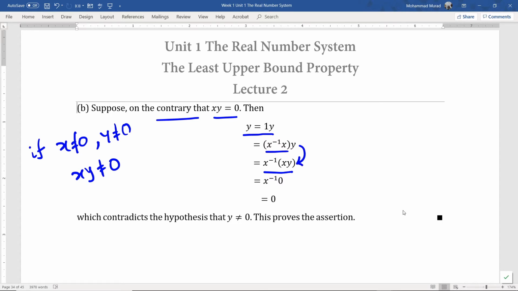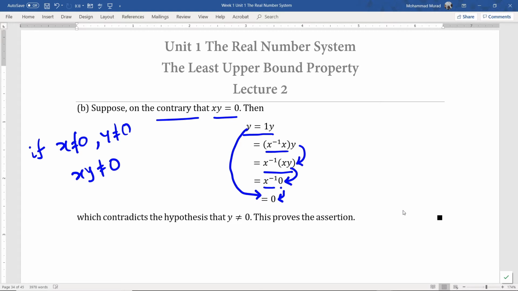By the hypothesis, xy is 0. Then in A, we just proved that any field element multiplied with 0 gives us 0. So this gives us that y equals 0.